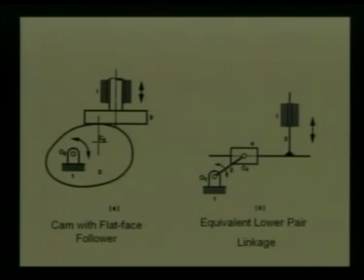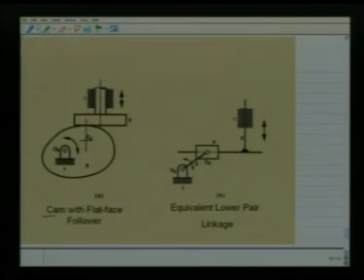For example, let us look at this higher pair mechanism, which is a cam with a flat face follower. The cam, that is this rigid link 2, has a revolute pair with the fixed link at O2, and this follower 3 has a prismatic pair with fixed link number 1, and there is a higher pair at this contact point.